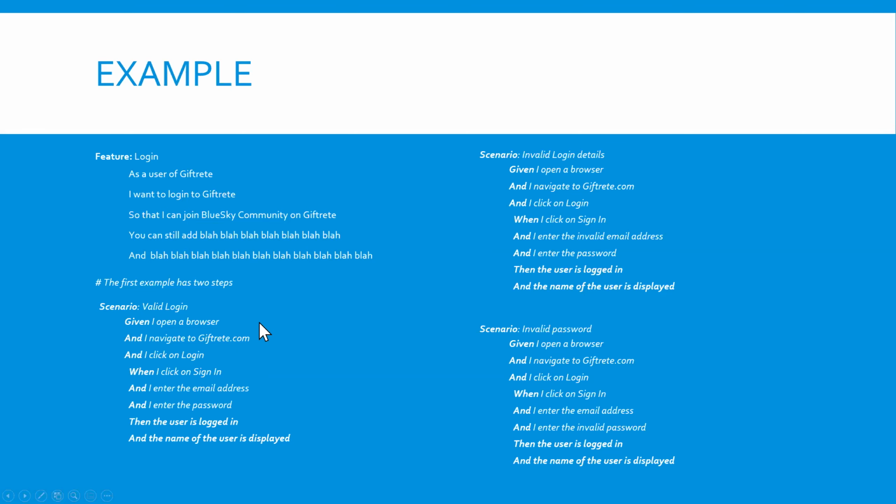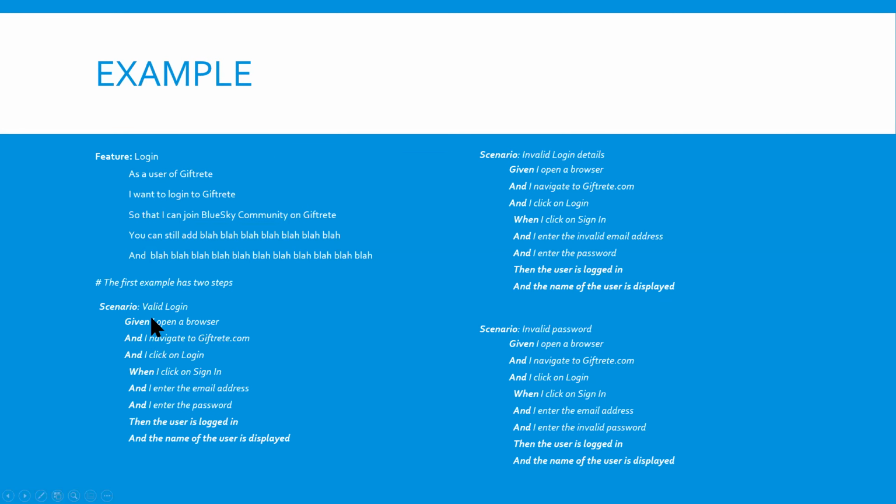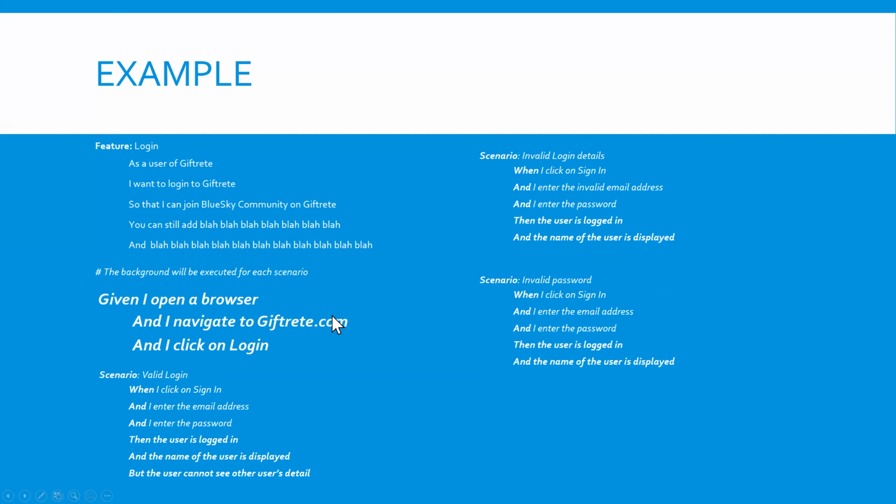The background helps you to put the common steps together so that you can group them. When you have scenarios like this, you can bring them together and put them in a given in a background like those ones right now. So you just bring them out and they become your background. Given I open a browser.